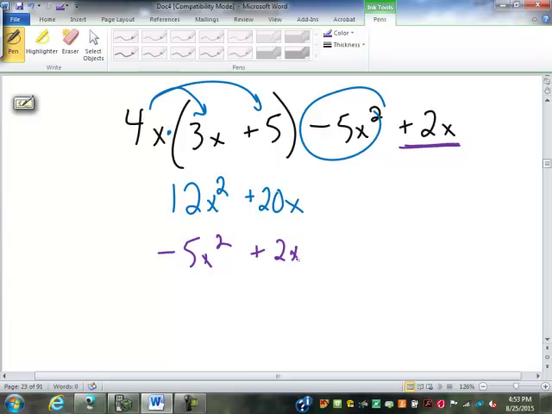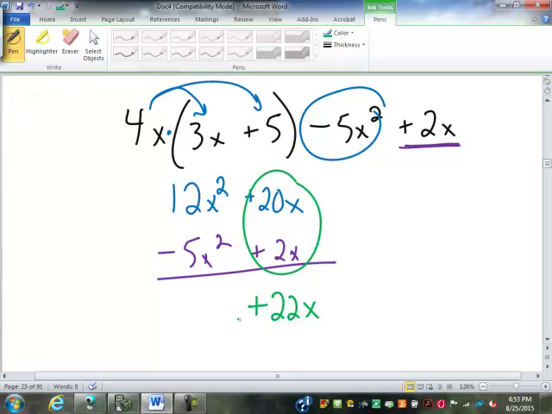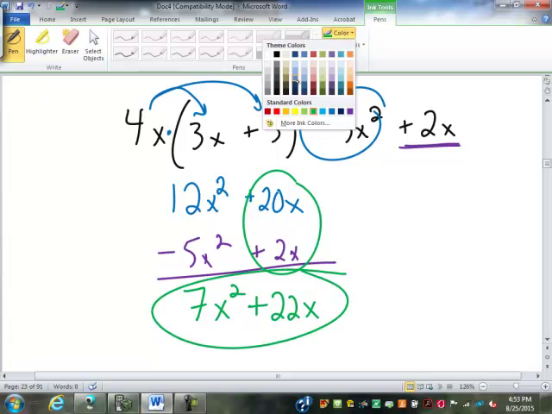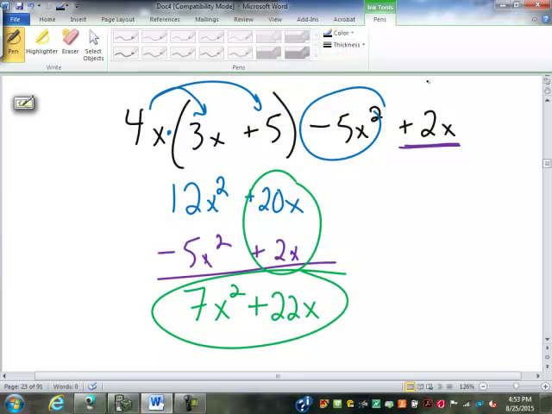It's a positive 2x, so it's plus 2x. So 12x squared, 20x plus the 2x is positive 22x. When we add, we keep the same names. And the 12x squared, negative 5x squared, is 7x squared. Wonderful. I thought we were subtracting the 5x squared from 2x, so I did.